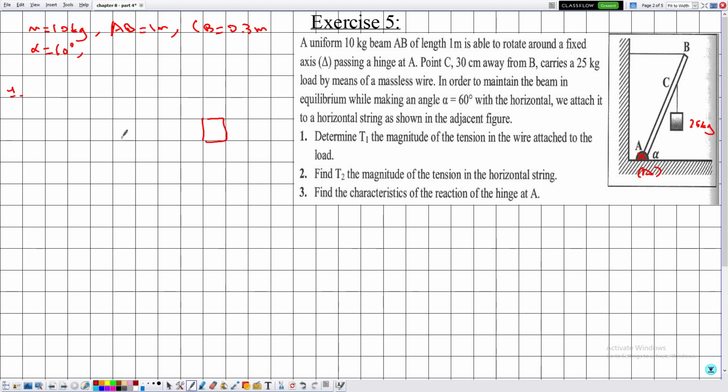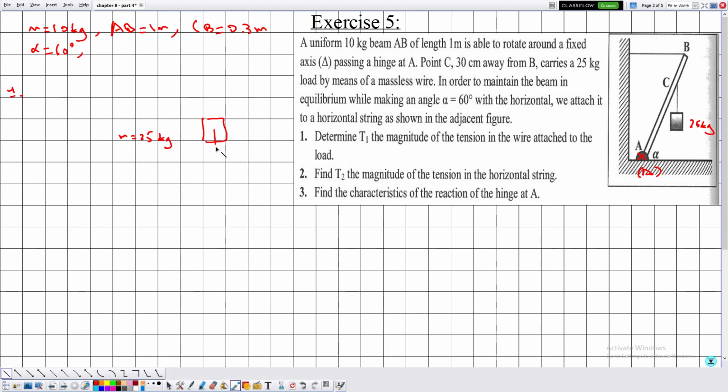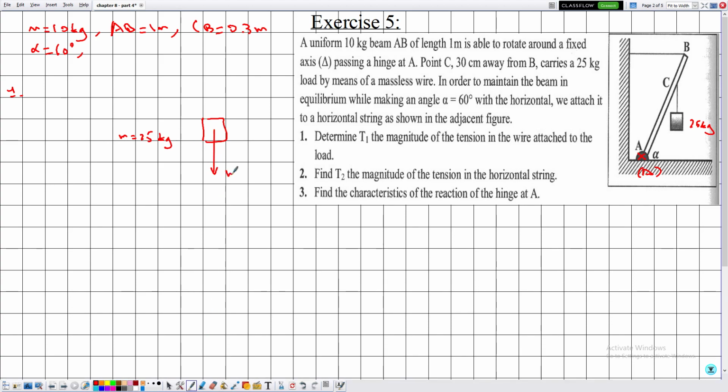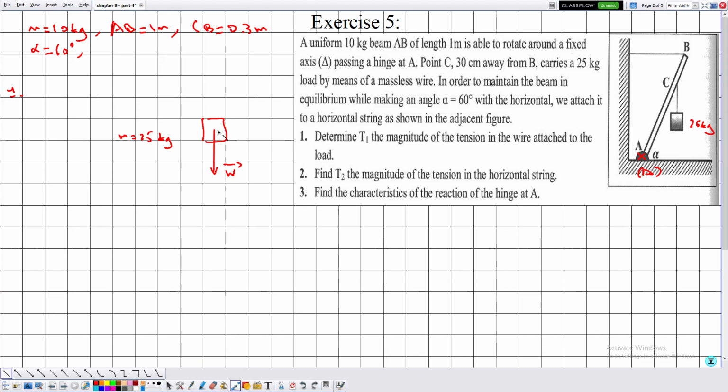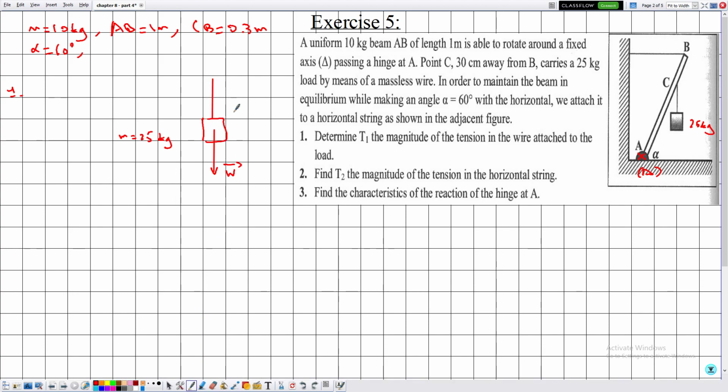So here we have that M is equal to 25 kilograms. We have the weight acting vertically downward like this, and the tension acting vertically upward like this. So this is the tension T1.